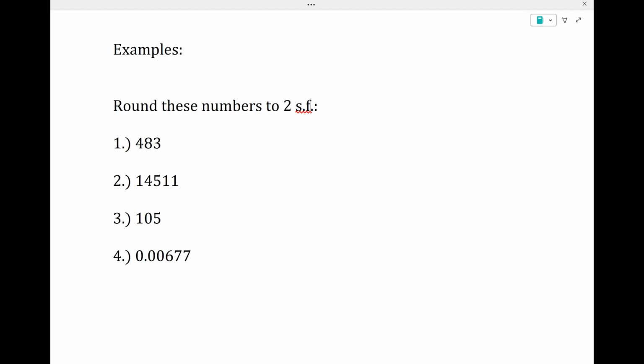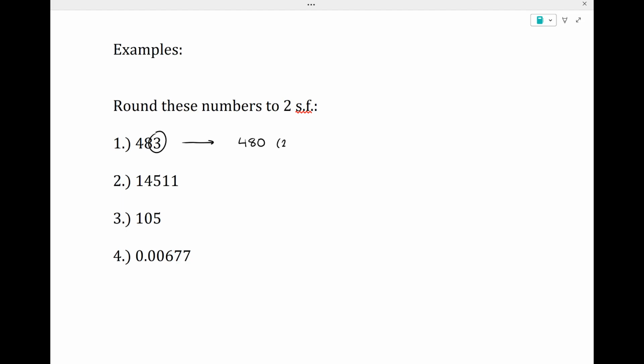So here are a couple of examples of rounding to two significant figures. When rounding to two significant figures, we want all digits other than the first two to be a zero. So looking at this first example, we look at the third digit, which is a 3. A 3 is less than or equal to 4, and so it will round downwards. So this becomes 480.